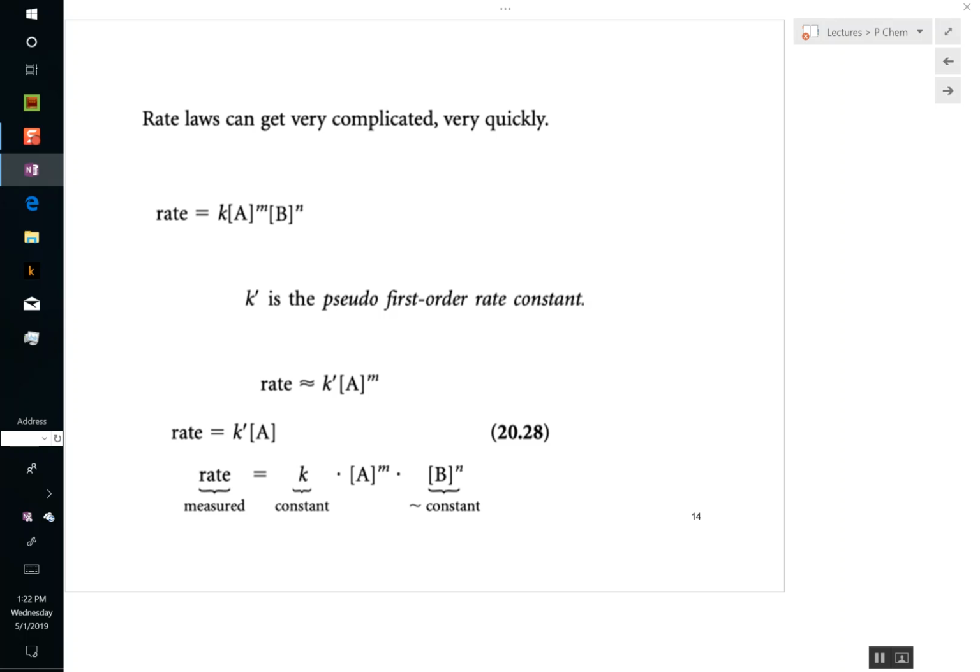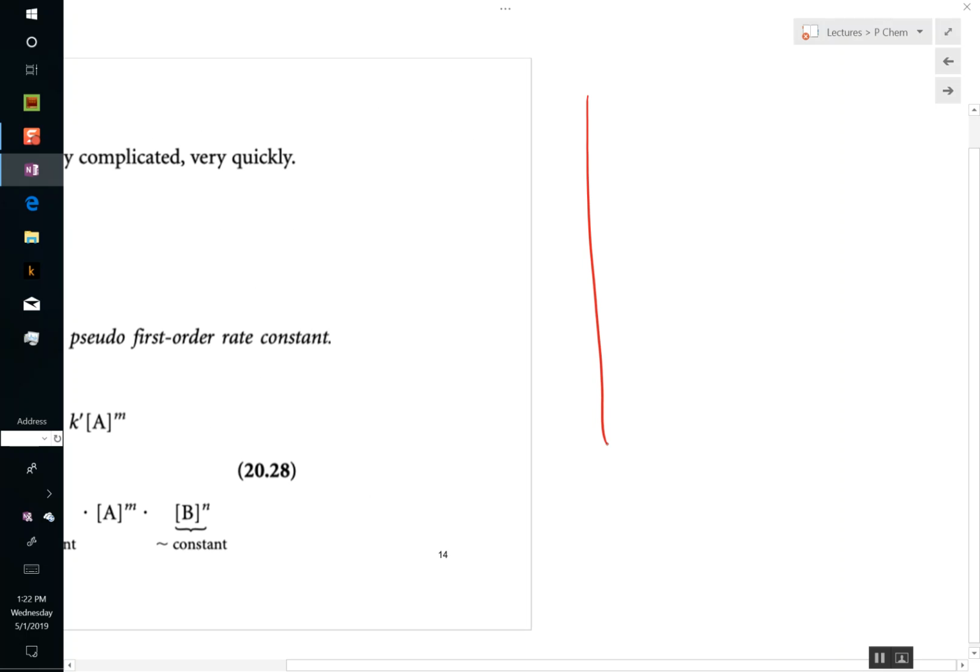So now you would run the reaction with a really high concentration of B, so that, if you start out initially, you've got really, really high B and a reasonable concentration of A.